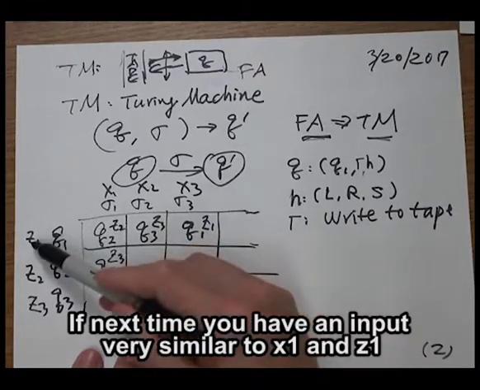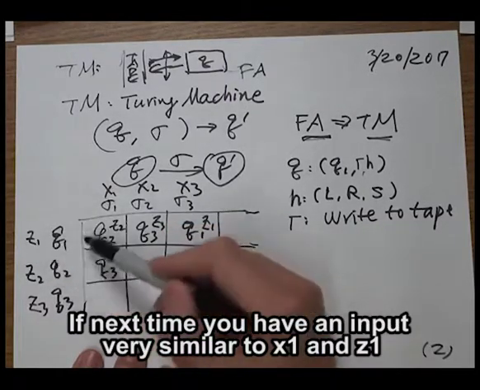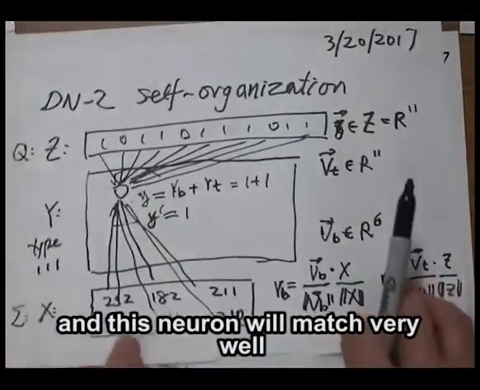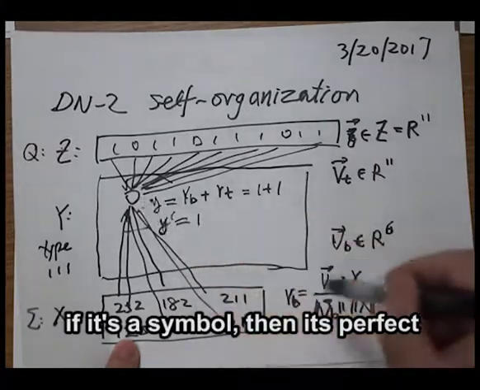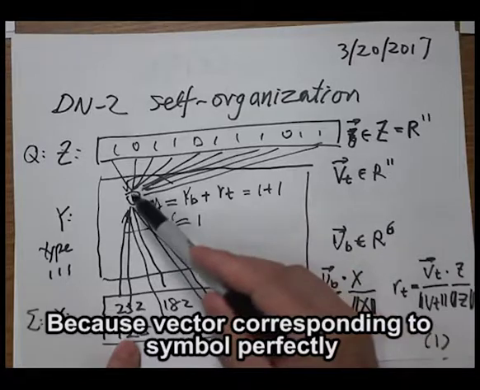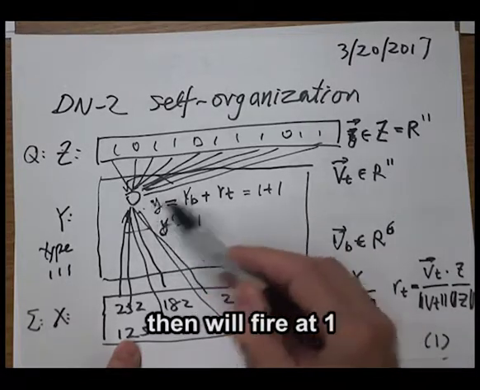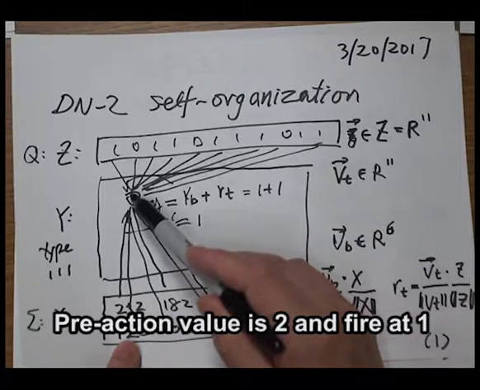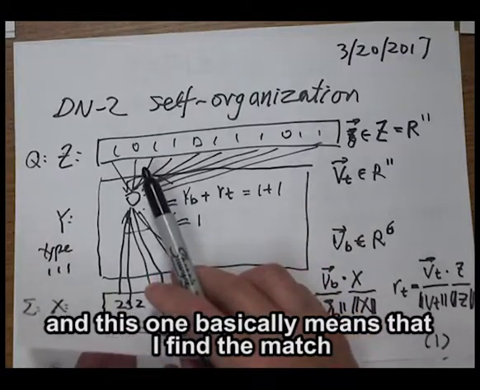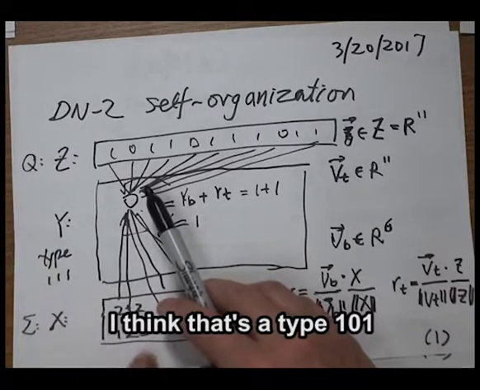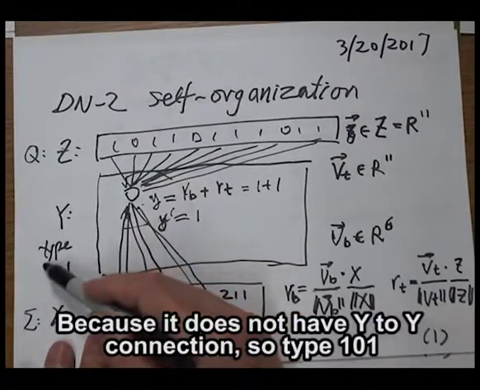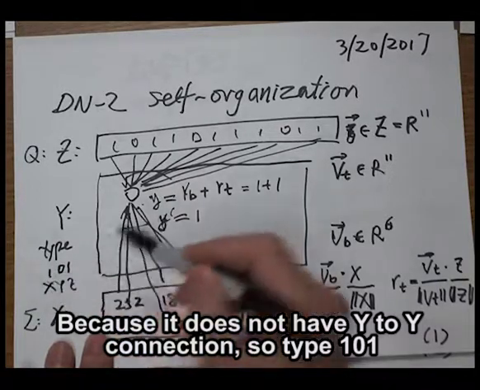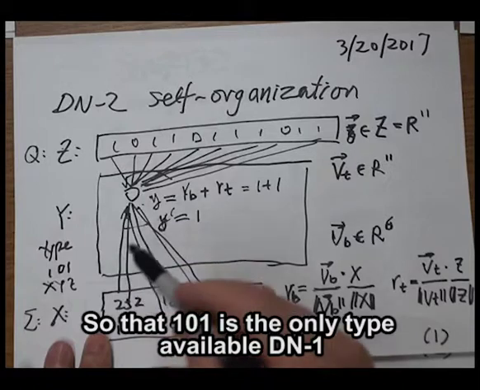If next time you have an input very similar to X1 and Z1, this neuron will match very well. If it's a symbol, then it's perfect, because the vector corresponds to the symbol perfectly, then we'll fire at 1. Pre-action value is 2 and fire at 1. Because it does not have Y connection, it's X, Y, Z, so type 101. Yes, Xiang is right. That 101 is the only type available in DN1.